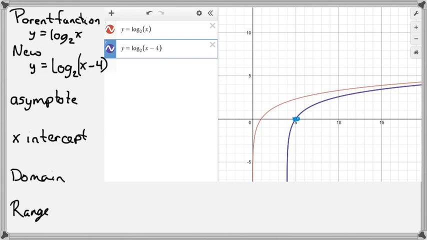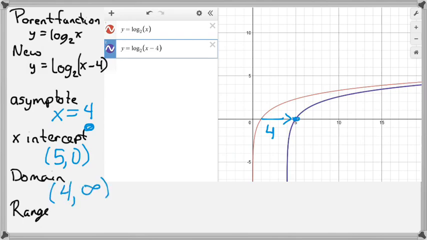On this one, we need to shift it over to the right 4 units. So our asymptote is x equals 4 now, because we want 0 plus 4. Our x-intercept was at 1, is now at 5. Our domain is going to start at our asymptote, so 4, comma, positive infinity.